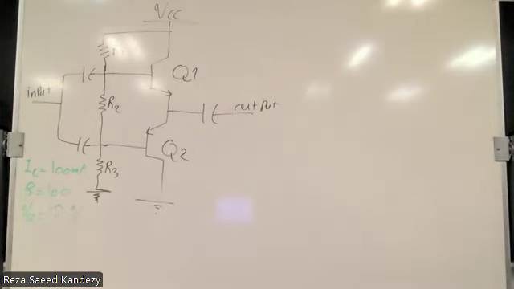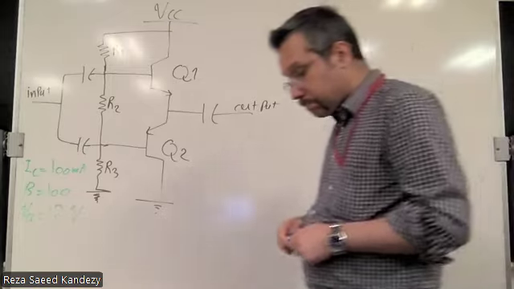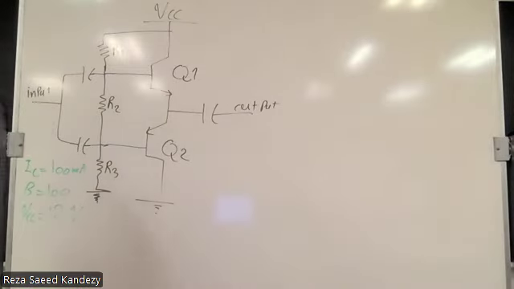Okay, so when you want to implement the circuit, you need to make sure that first of all you use one NPN, one PNP, and since the direction of the current between the NPN and PNP are different, and we all know that the current goes from the higher potential to the lower potential, you need to make sure that you connect the terminals, the emitter, collector, and base properly.